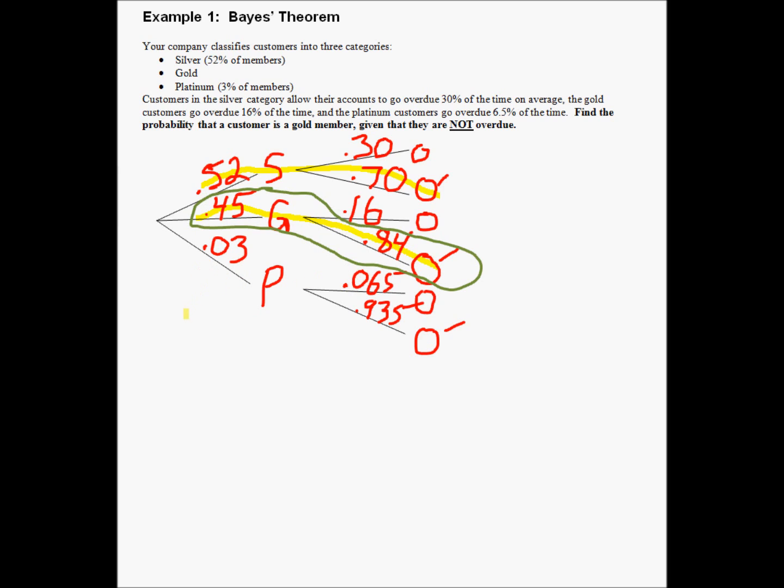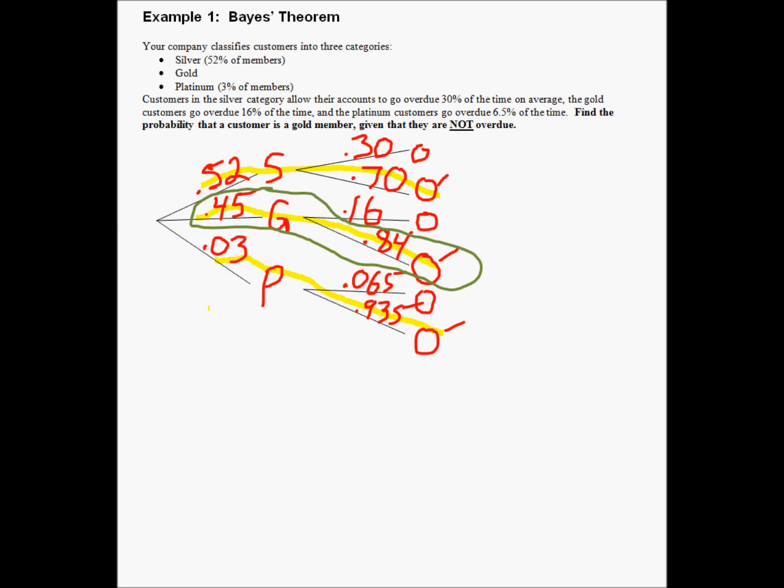And finally we also have to consider the ways when they would be platinum and not overdue. So again, our numerator is going to be this green circled multiplication of 0.45 and 0.84. The denominator is going to be the sum of all the yellow ways.